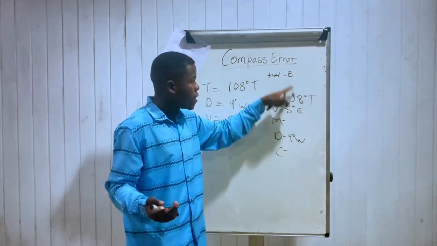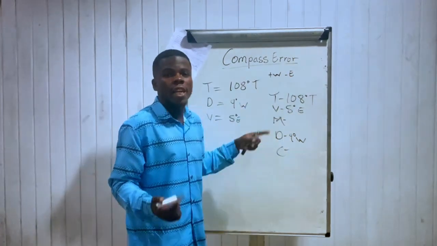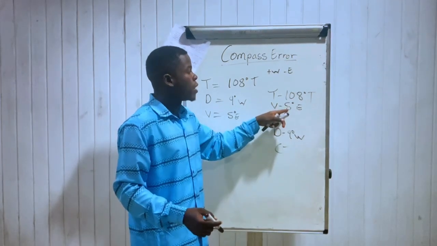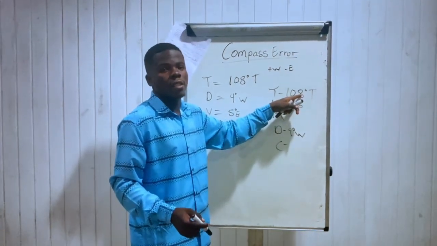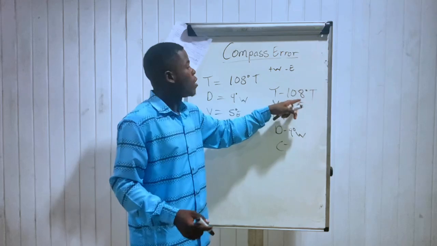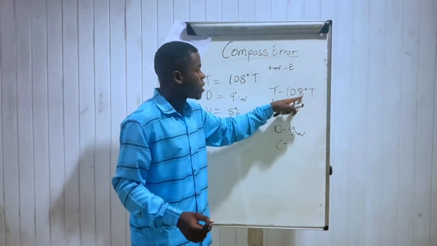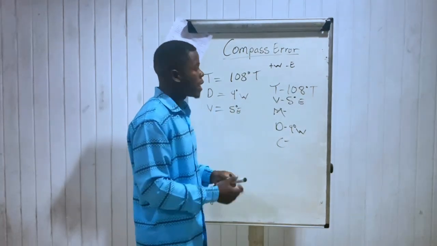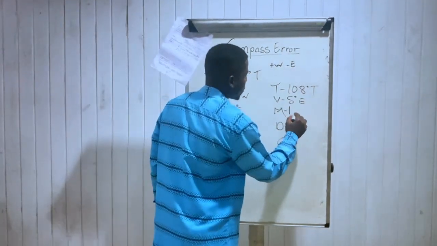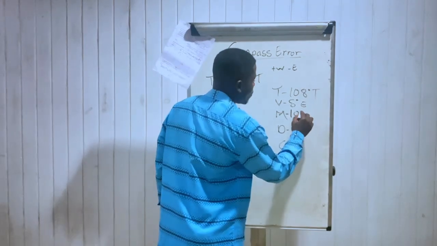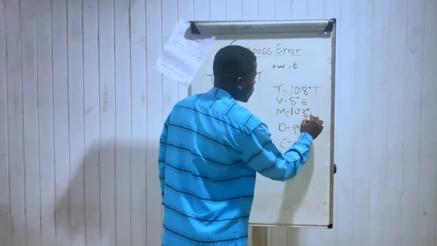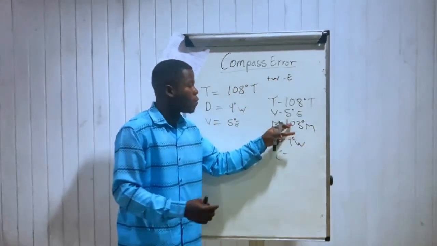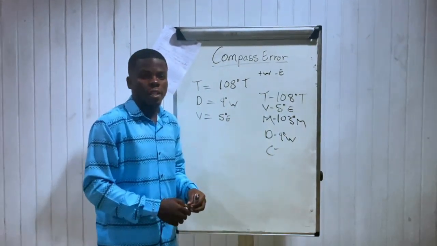So we will subtract 5 degrees from 108. So what are we getting? We are getting 103 degrees magnetic.